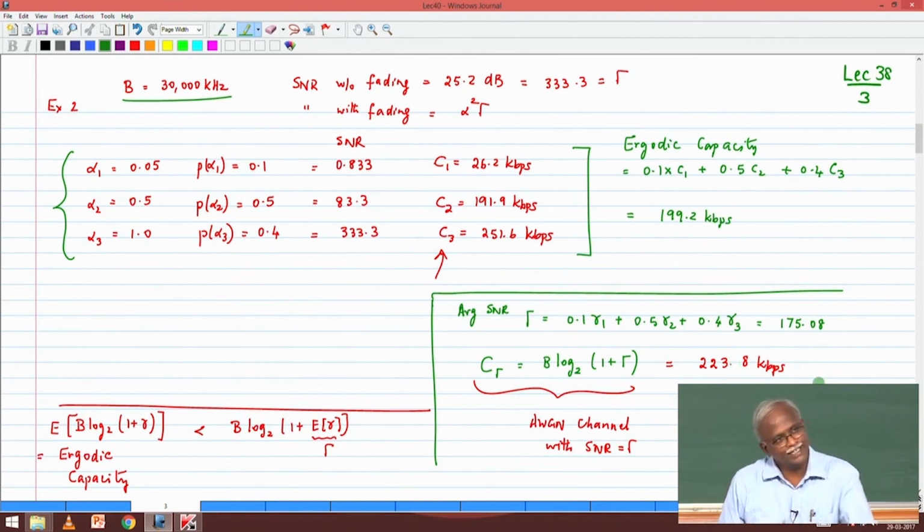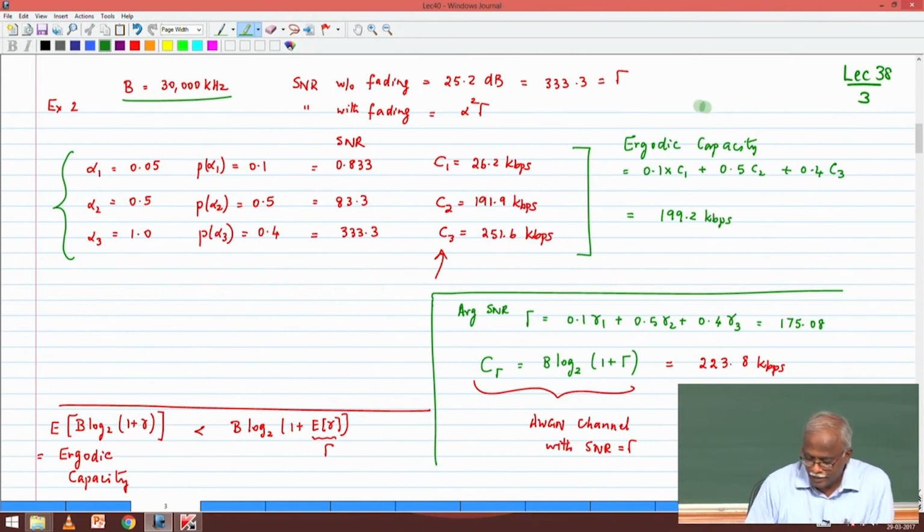On the other hand, recognizing that actually the issue is that SNR directly affects the capacity, we then look at an ergodic capacity, where it's a capacity multiplied by the probability. When we did that calculation, it came out to be 199 kilobits per second, substantially less than the corresponding AWGN channel capacity. Nevertheless, even this 199 kilobits per second is going to be a challenge to achieve under different SNR conditions.